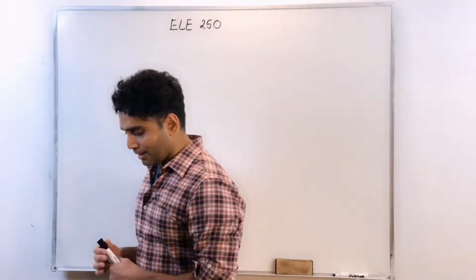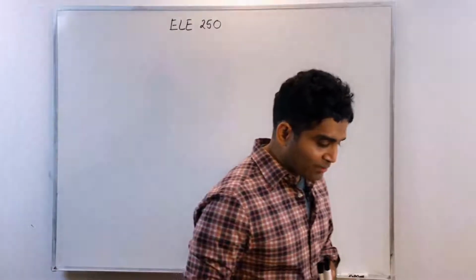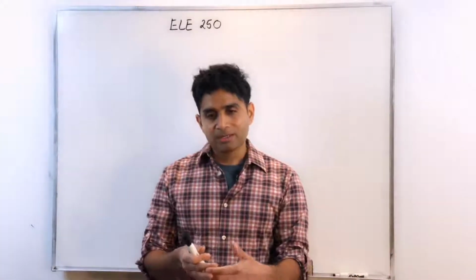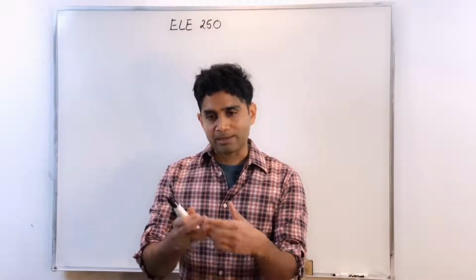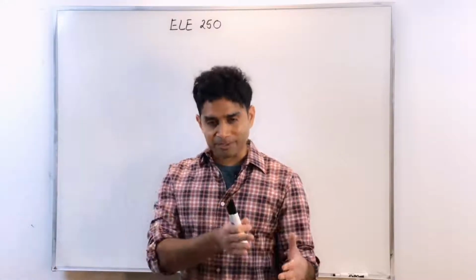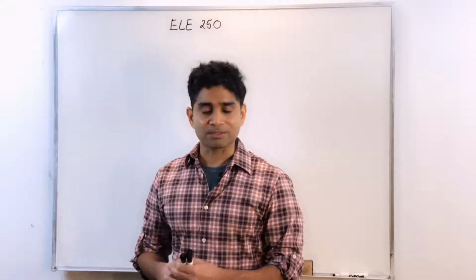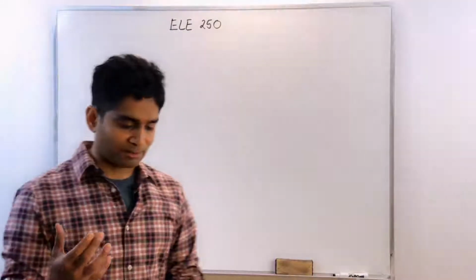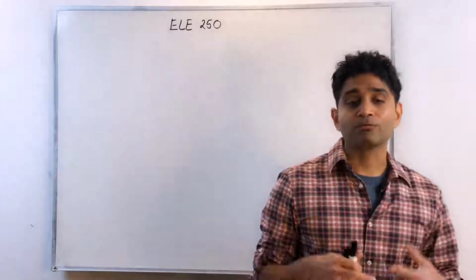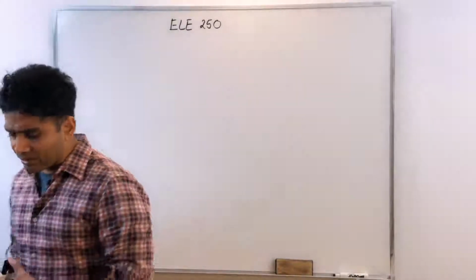Towards the end of the class, we looked at the universal shift register, a register that can perform all of these operations: parallel load, parallel read, shift right, shift left, and of course memory operations. So the universal shift register could perform all of these operations. Okay, so that's good. Now let's move on.